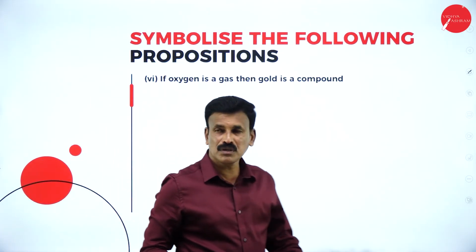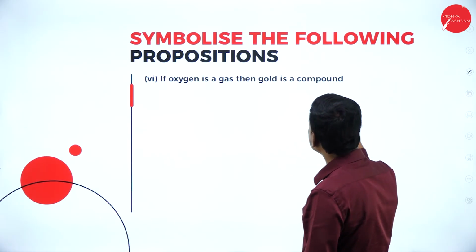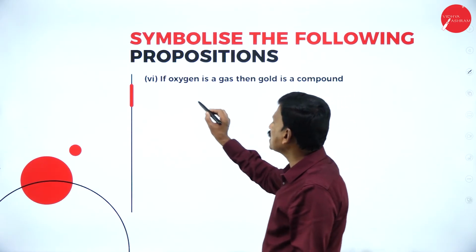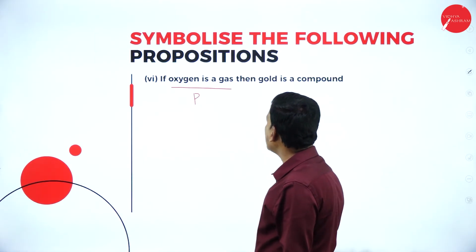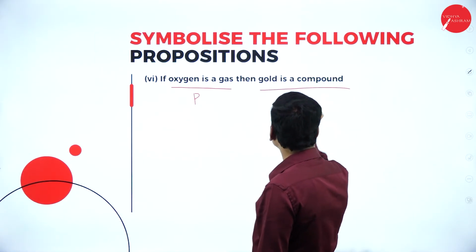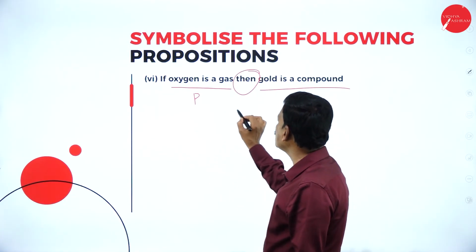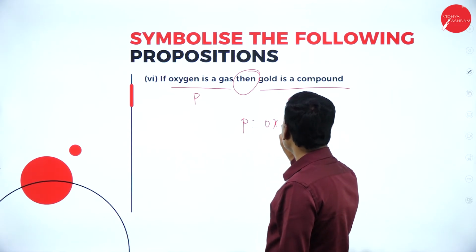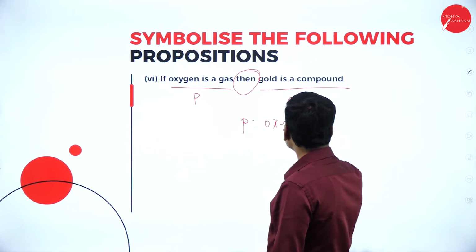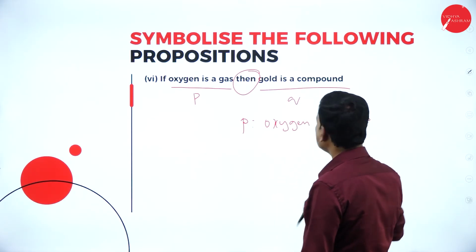So what is the next problem? If oxygen is a gas, then gold is a compound. Again this is a conditional statement. Oxygen is a gas is P, gold is a compound is Q. These two are connected by if then. So therefore it is nothing but a conditional statement. So what is P here? P is nothing but oxygen is a gas.